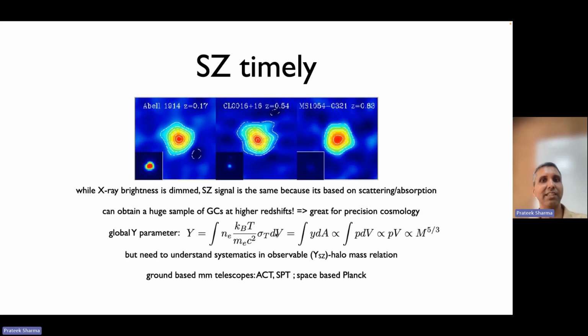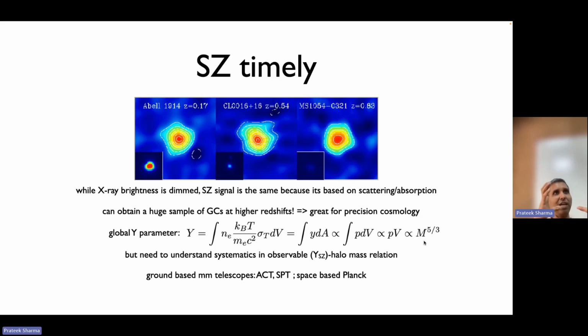Instead of a line-of-sight integral, it's an area and the line-of-sight integral, which is nothing but the volume integral. So that is just the product of average pressure and the volume. Last time I mentioned briefly the self-similar scalings of halos.